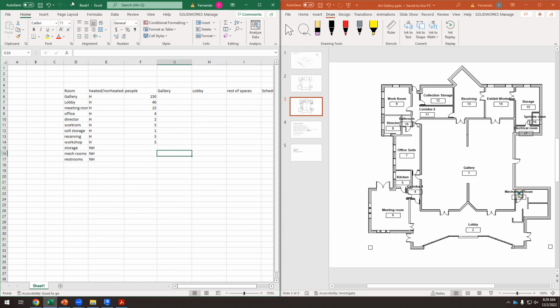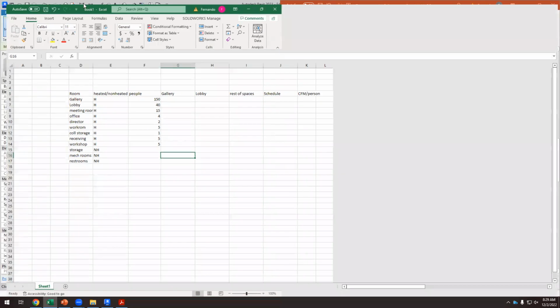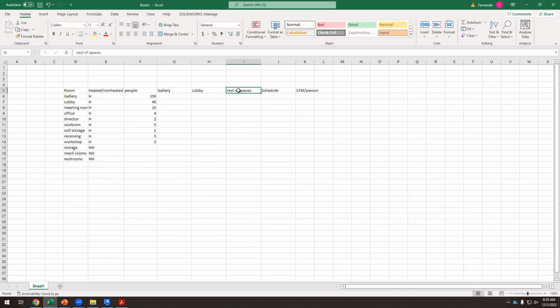Why am I doing this? Because I can assume that the rest of the spaces are used during the day, and events are usually in the evening, around 5 or 6 p.m. They have an event, the main exhibition. And when there's an event, the director is not in his office, and there is not a class in this little classroom there.